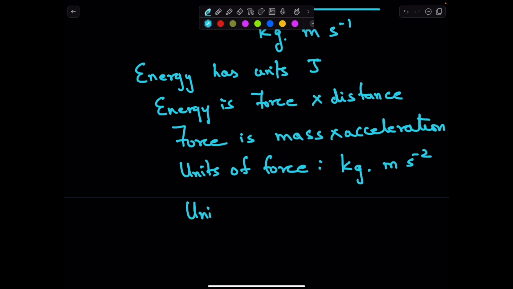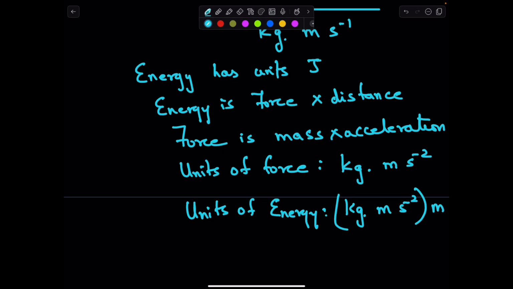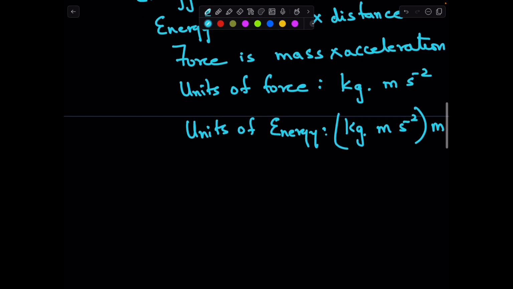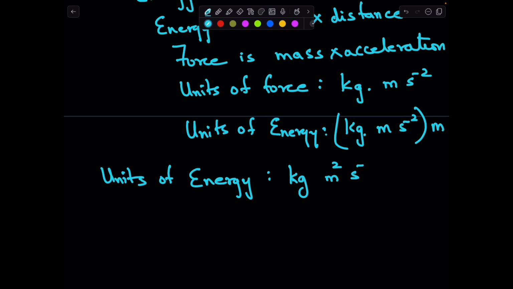Units of energy is kilogram meters per second square times meters, because energy is force times distance. So units of energy is kilogram meter squared per second square.